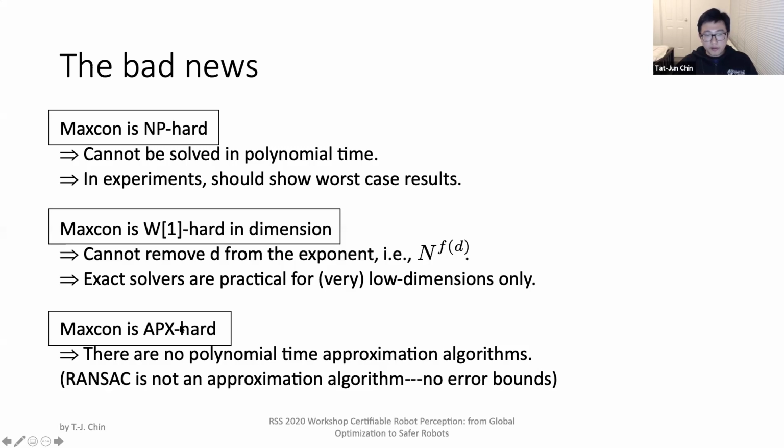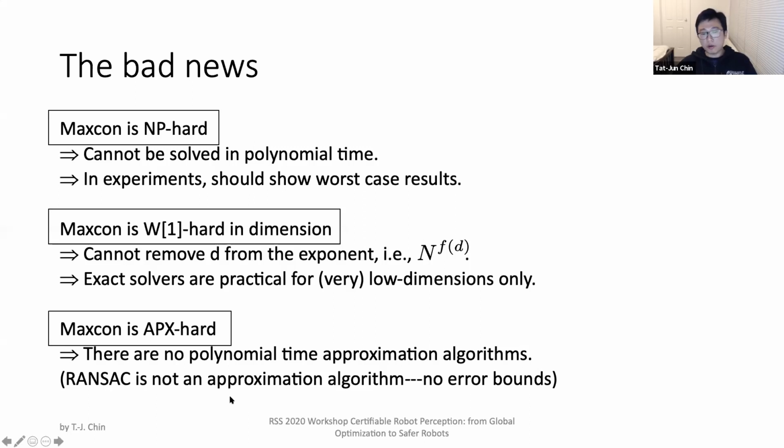And this derivation I'm not showing in this talk because there's not a lot of time, but you can also show that there are no polynomial time approximation algorithms. You can't have an algorithm that runs in polynomial time where you can be sure from the onset, through sufficiency conditions, that your result will be a bounded error away from the optimal solution.